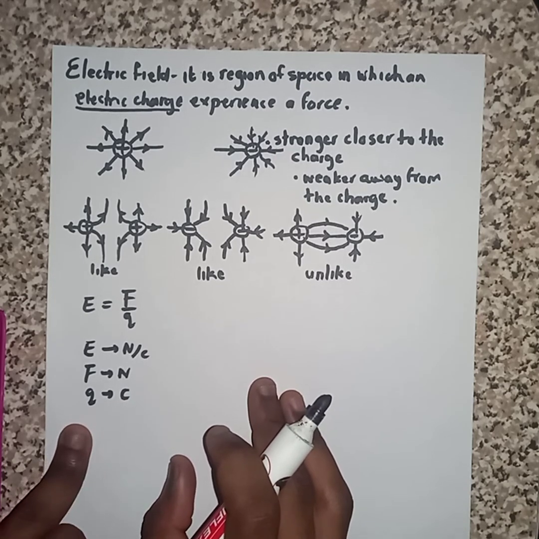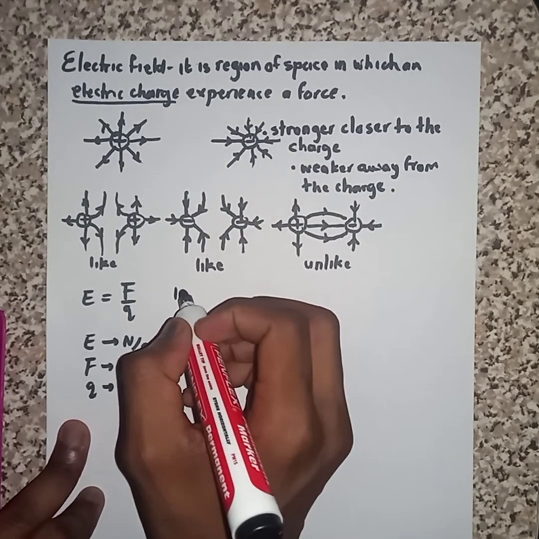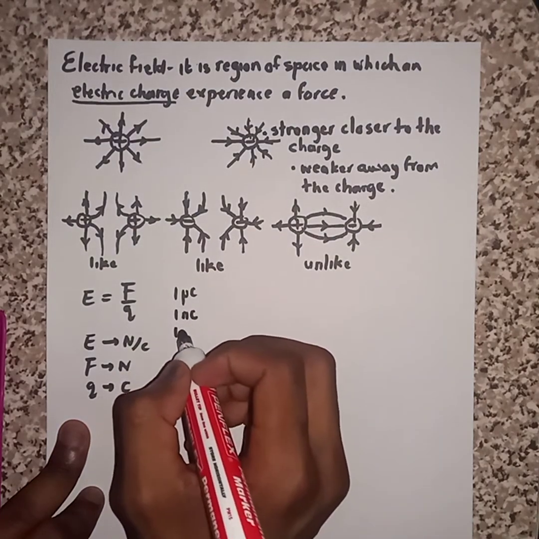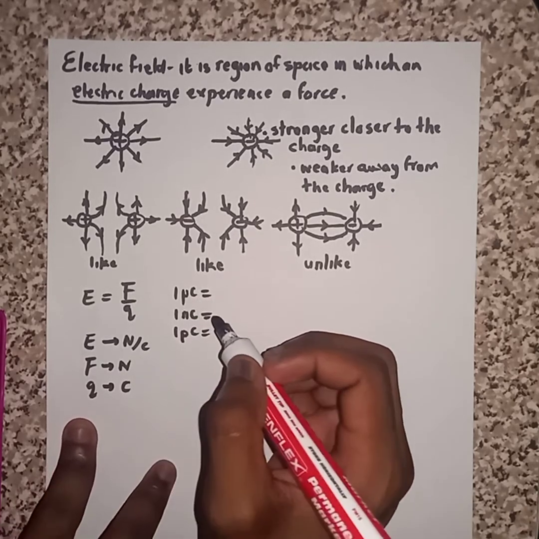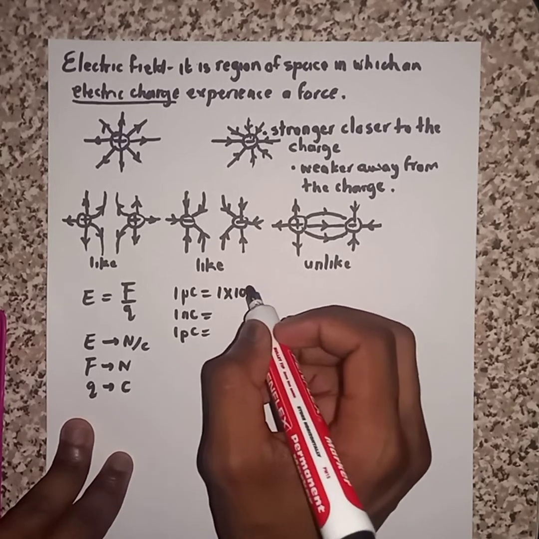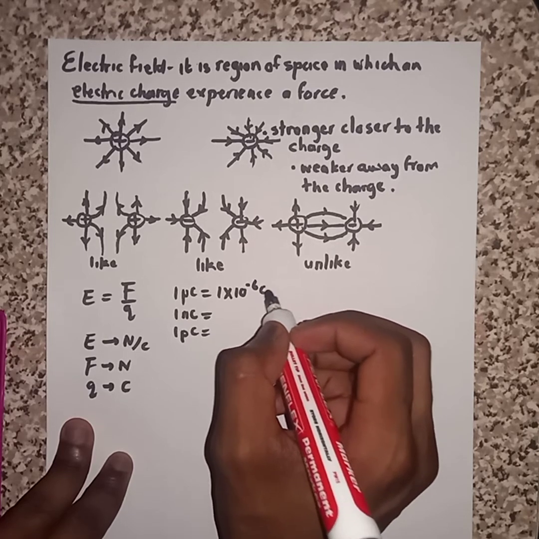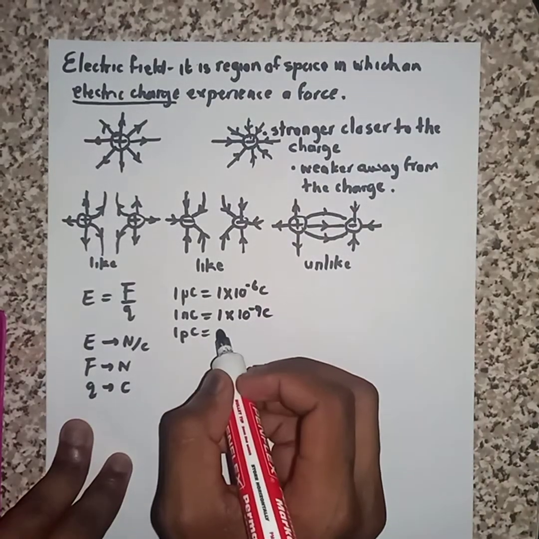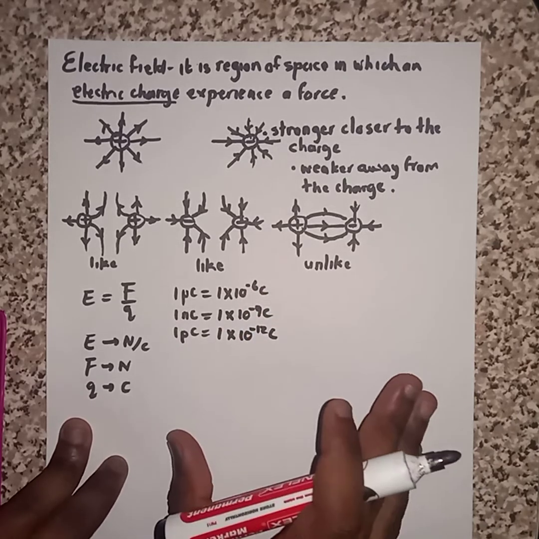Another thing that you have to bear in mind is that, let's say I have 1 microcoulomb, 1 nanocoulomb and 1 picocoulomb, how are we going to convert these to coulomb? For micro, you simply multiply by 10 to the power of minus 6 coulomb, nano minus 9, pico minus 12 coulomb. So simple.